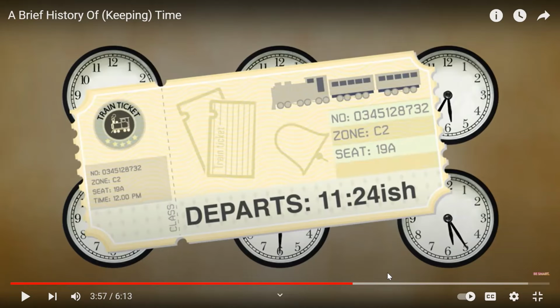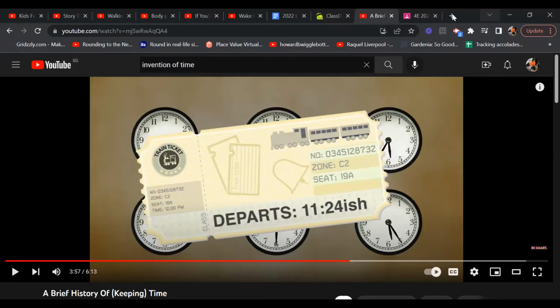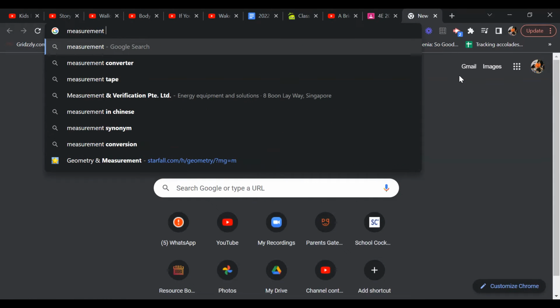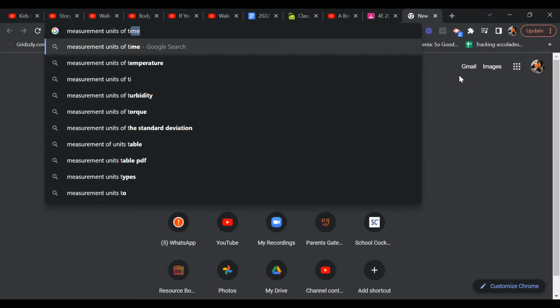Now, today, apart from the homework page 170, can I request for anybody in the class to create an interesting poster? 2 options for you. Number 1, for example, measurement units of time.